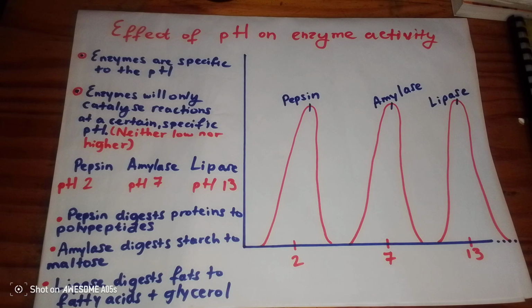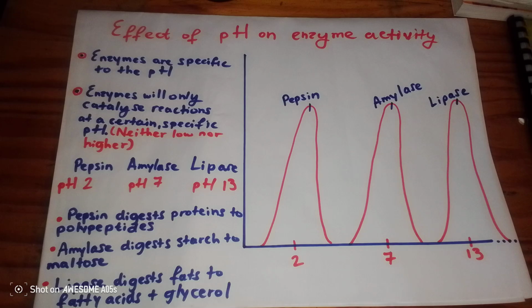Anyways, moving on. Here we see that the effect of pH on enzyme activity is such that an enzyme will only work at a specific pH. It cannot work lower or above, but only within those specific narrow limits.